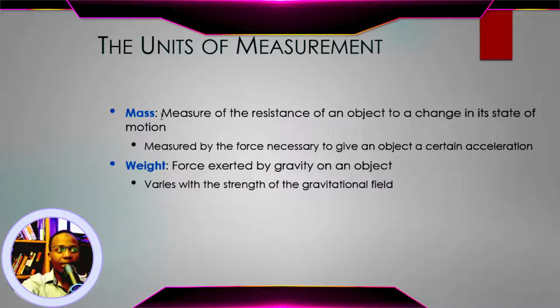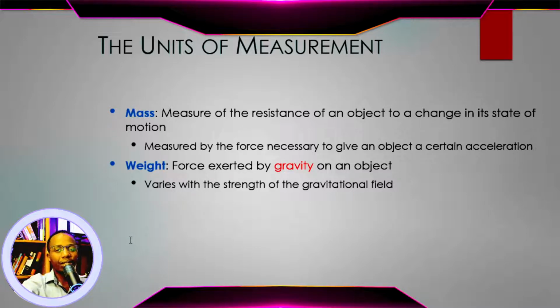Mass measures the resistance of an object to a change of its state of motion. It has nothing to do with gravity. It's pretty much the force necessary to give an object a certain acceleration. But weight is the force exerted by gravity.